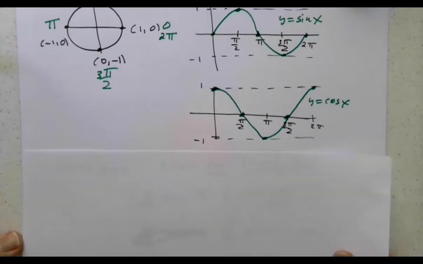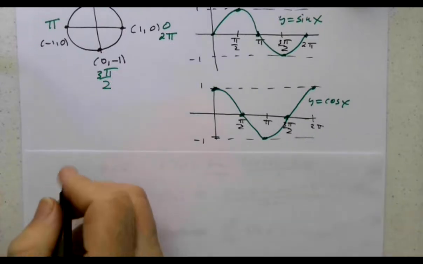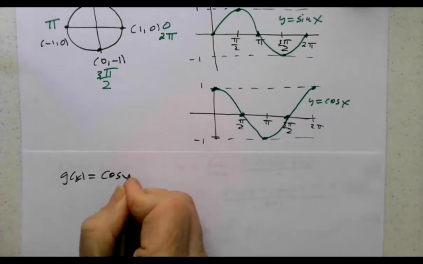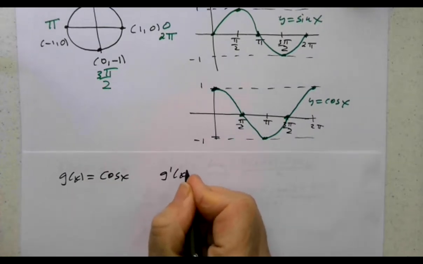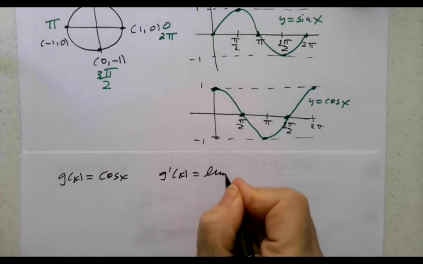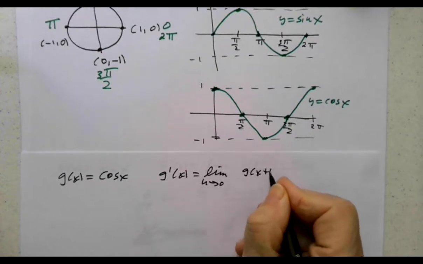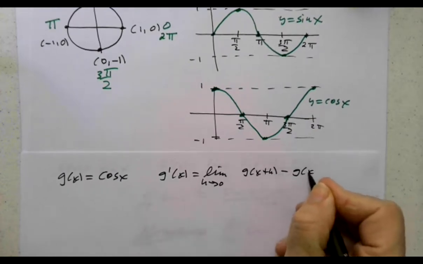Well, if I'm going to say g of x is cosine x, the derivative of that would be the limit as h goes to 0 of g of x plus h minus g of x over h.